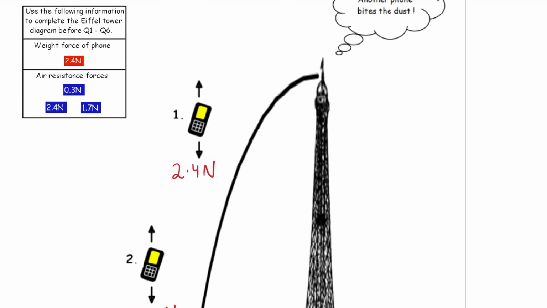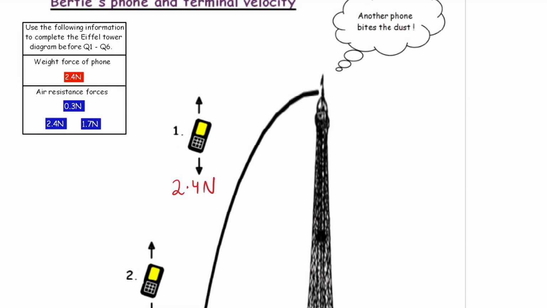However, the upward force changes, and the upward force of air resistance changes with speed. The larger the speed, the larger the air resistance. And the word we use, of course, is proportional. As the speed goes up, the air resistance goes up or increases.